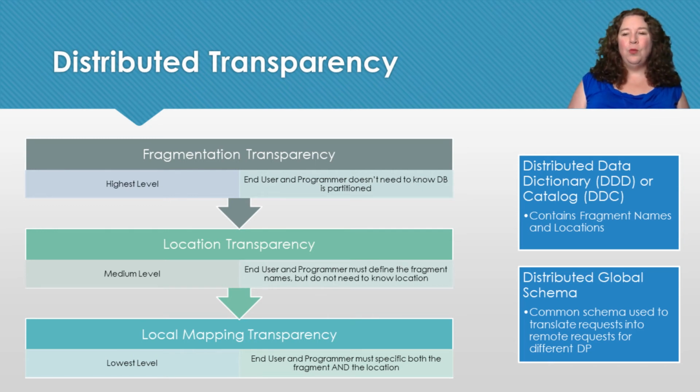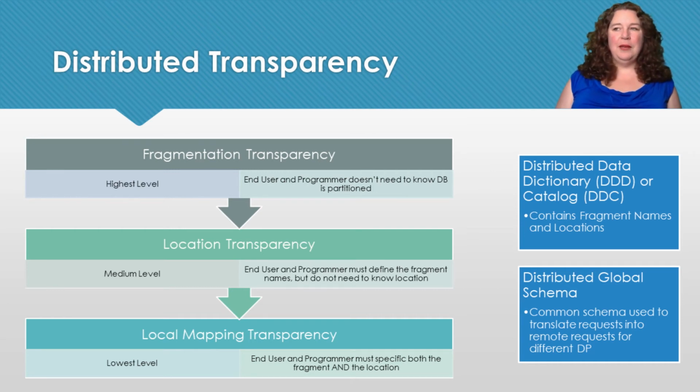And then we go down one more level, which is our lowest level of transparency, where we must specify both the fragment and the location. We have to know them both. So I have to know it is this fragment I want, and I need it out of this location. So this is local mapping transparency, being able to keep track of the location and the fragment, as opposed to just knowing the fragment name.